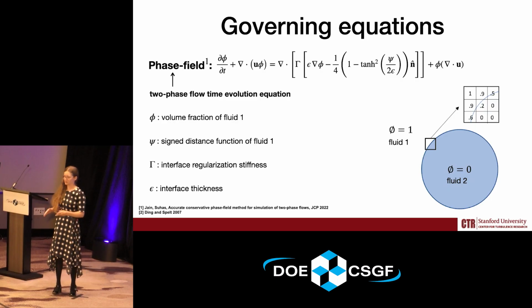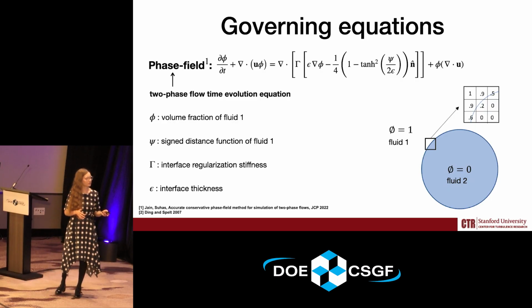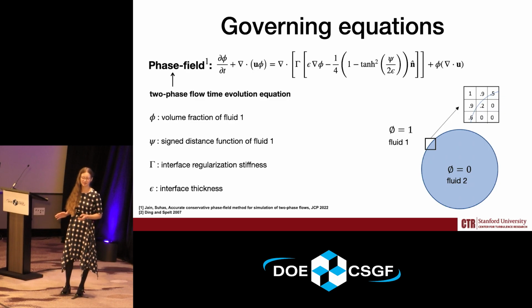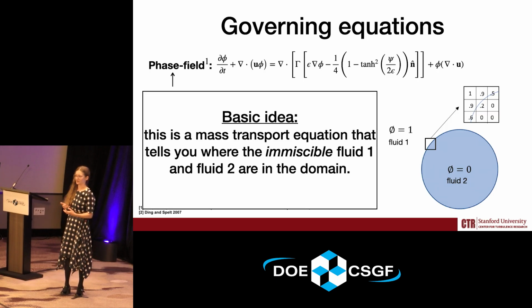So let's go through some governing equations. The first one I'd like to present is the phase field equation. You do not need to understand all of these equations in every term to get the premise of this talk. But this is a two-phase flow time evolution equation. You can think of it as a bookkeeping conservation of mass equation.